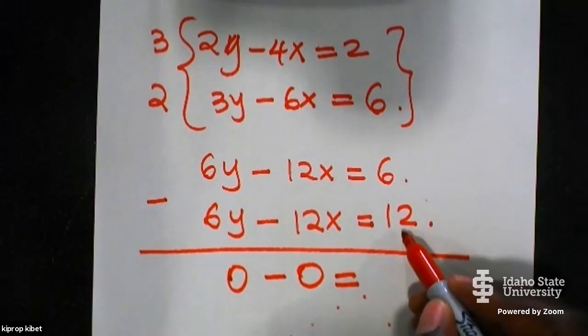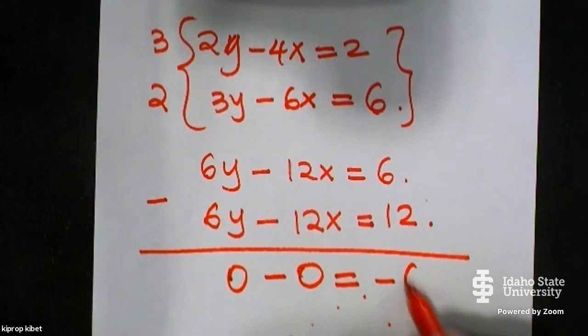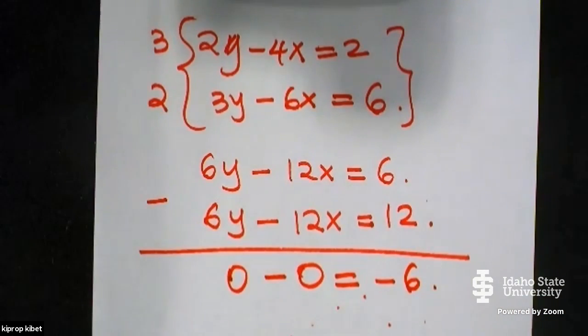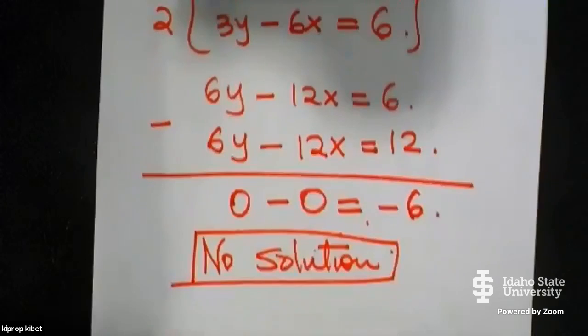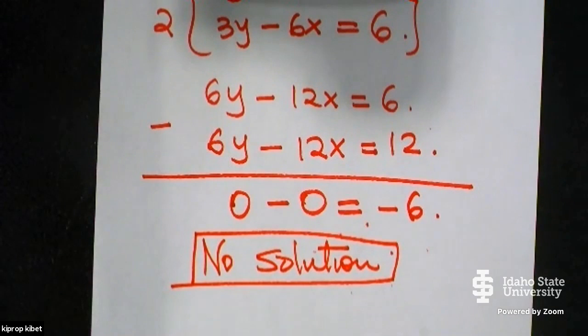Equals 6 minus 12, which is minus 6. So is there any solution there? Here we don't have a solution. So there is no solution. Now, if there is no solution, what did we say? The lines are parallel.